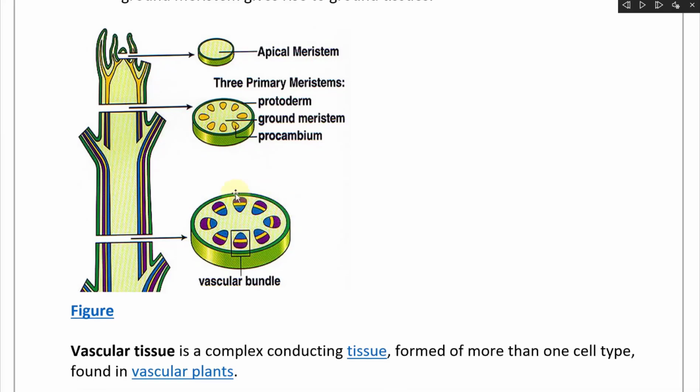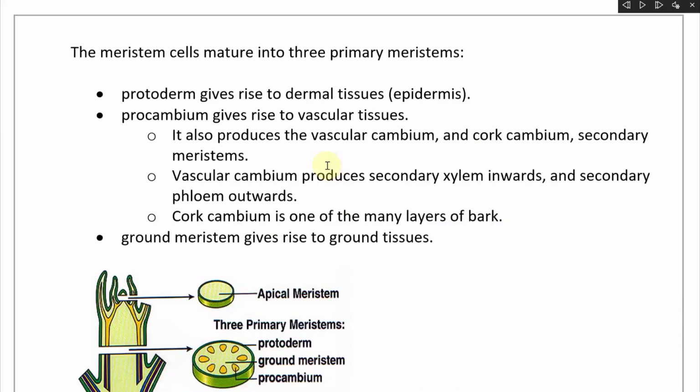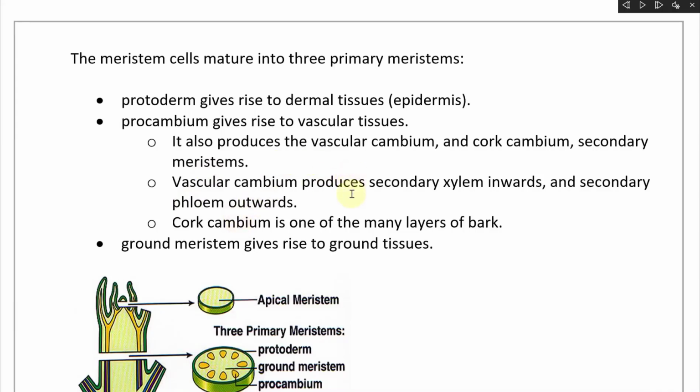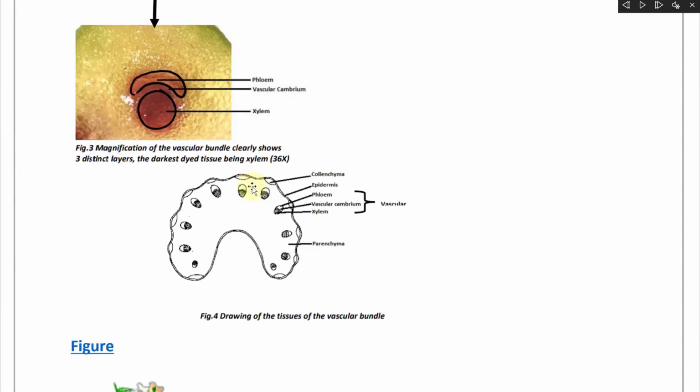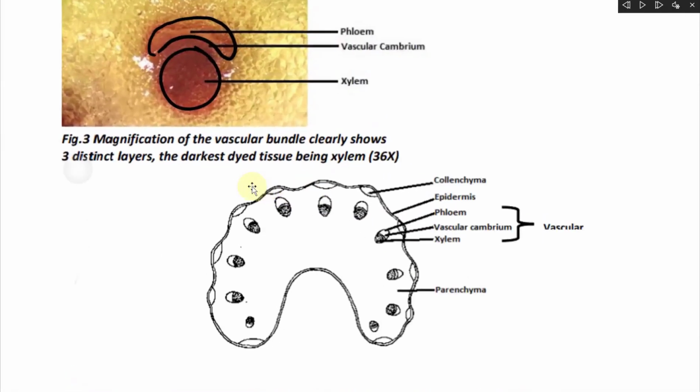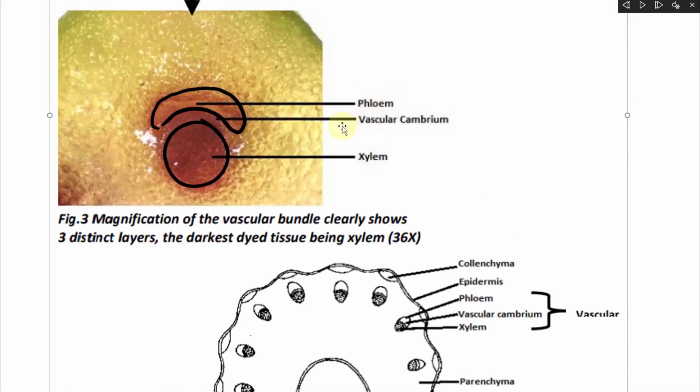So inside the outer layer, you'll have that lateral slash secondary meristem on the outside, and this one's in between in that vascular tissue area. So anyways, let's go back and zoom in here. And there's that vascular cambium.